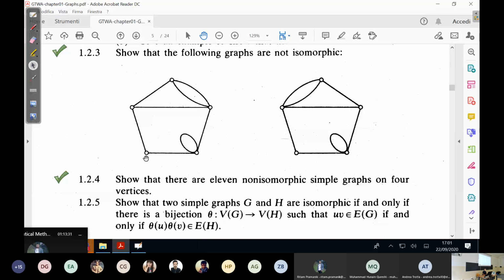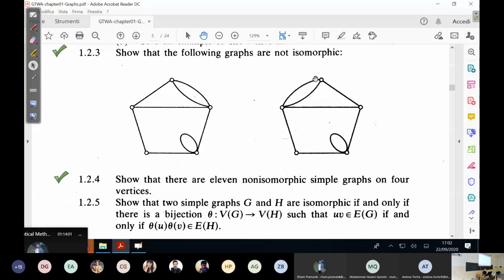Because there are two edges incident to it, and two edges incident to it. So one thing which has to be preserved is the number of edges going to a particular vertex. We'll have a name for that in, I think, the next section, which is the degree of a vertex. The degree of a vertex has to be preserved by an isomorphism.